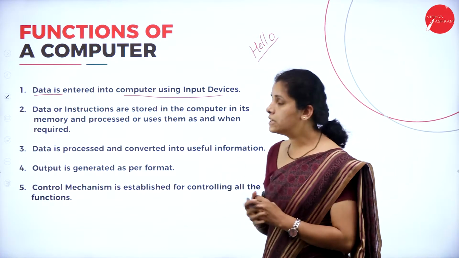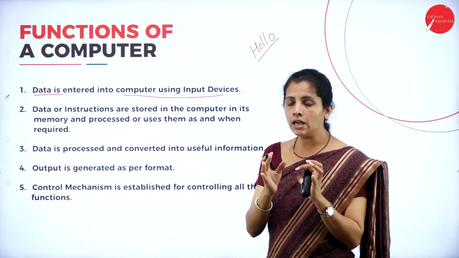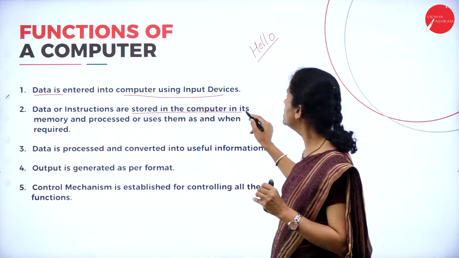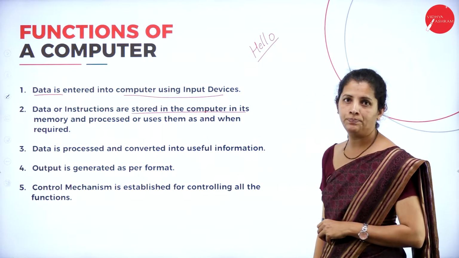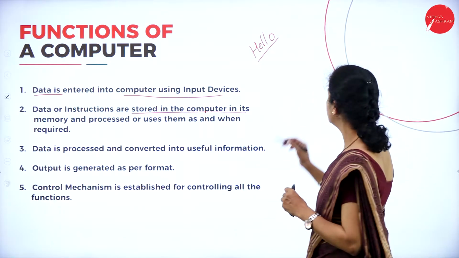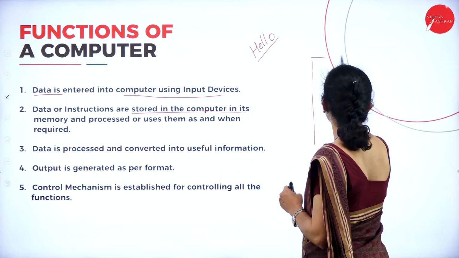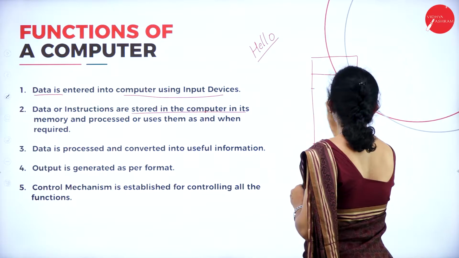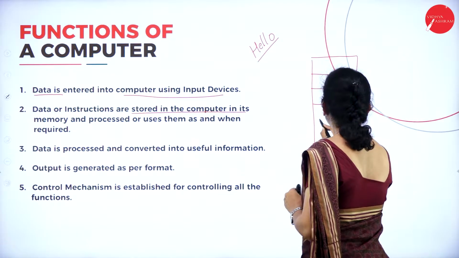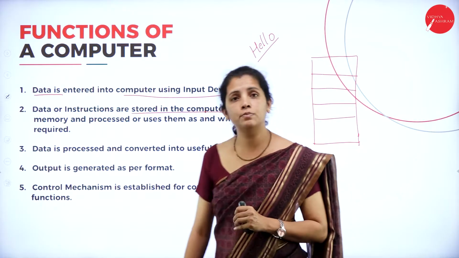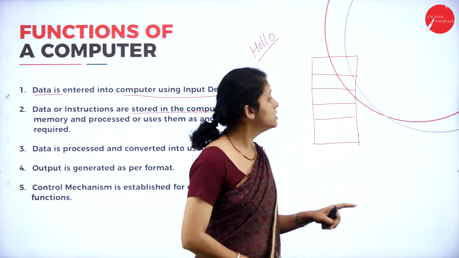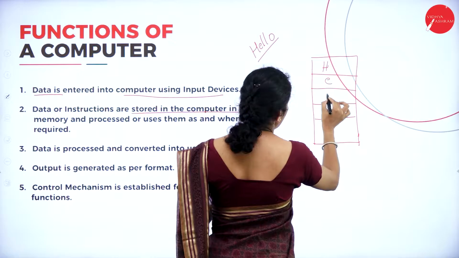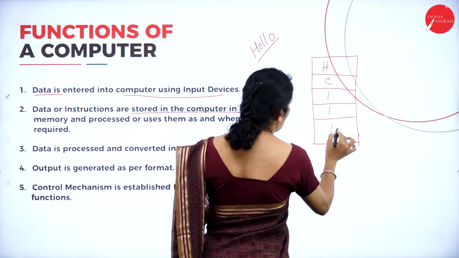Now, after that, whatever data I typed must be stored in the computer. Let me consider computer memory. For example, say this is computer memory and the size of each block is 1 byte. So I am going to store HELLO.